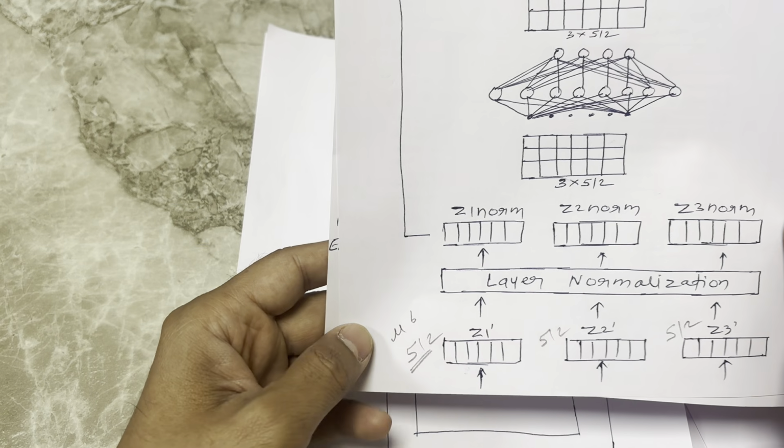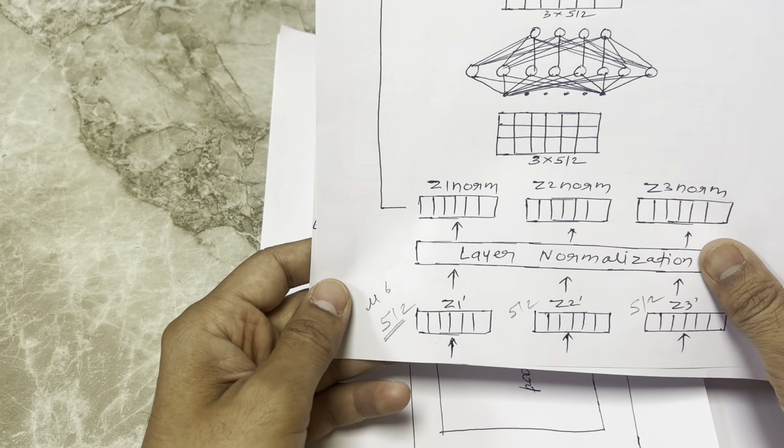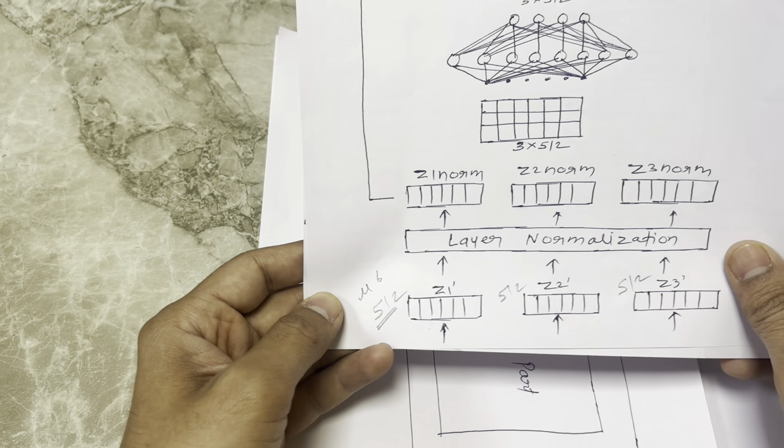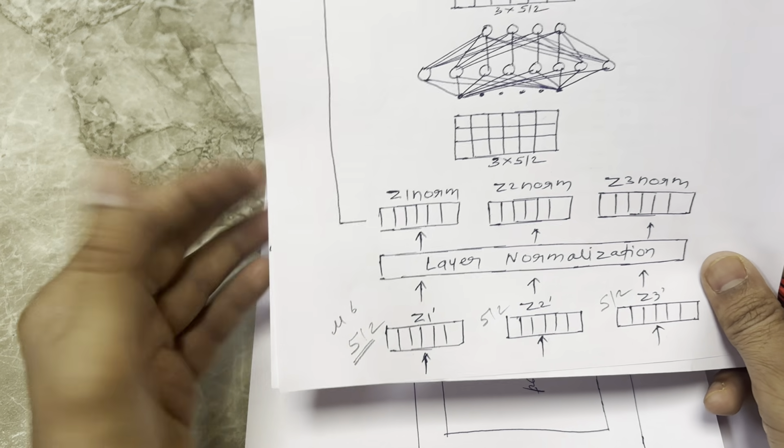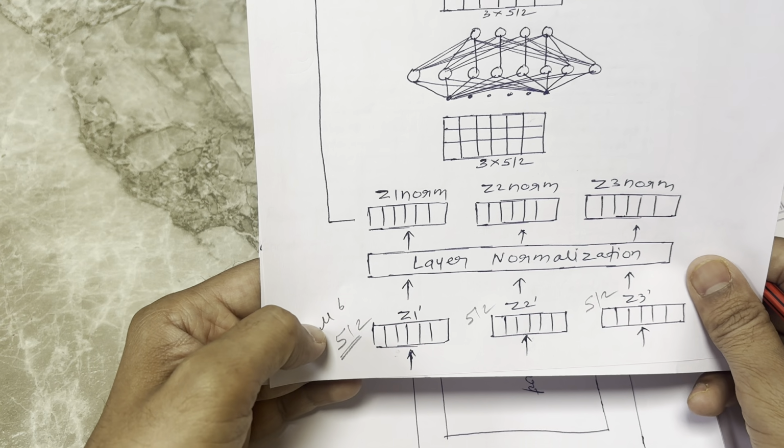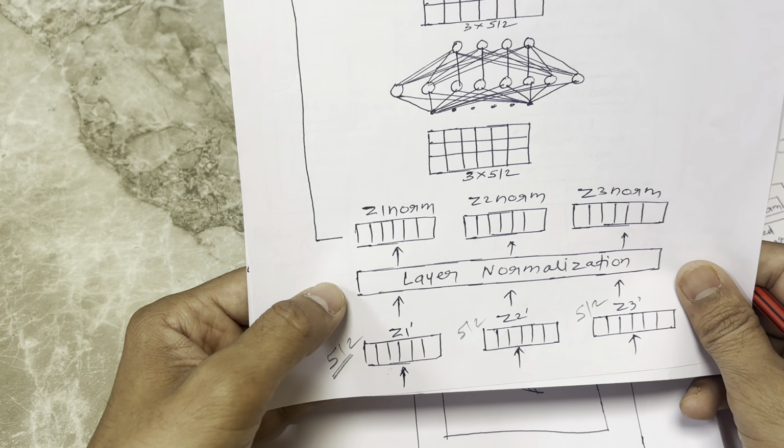I hope if someone has a basic idea about at least machine learning, they know how to normalize the data, how to standardize the data. So that is basically done here in layer normalization.